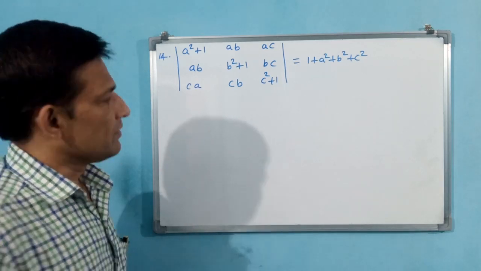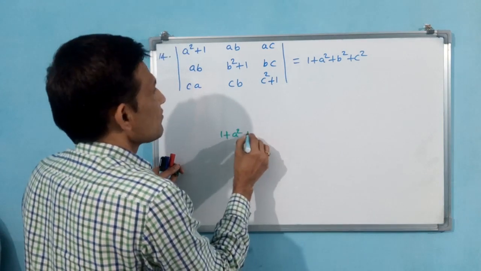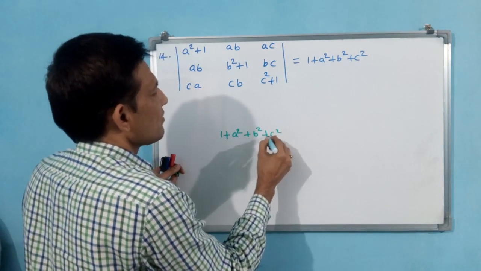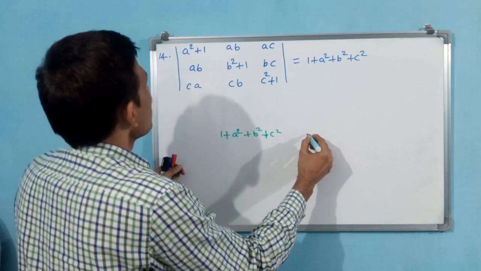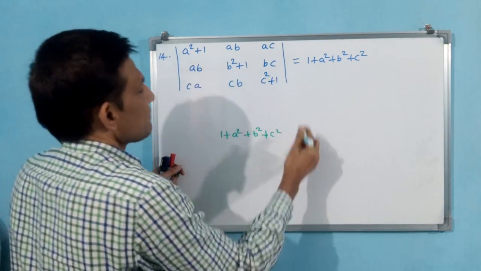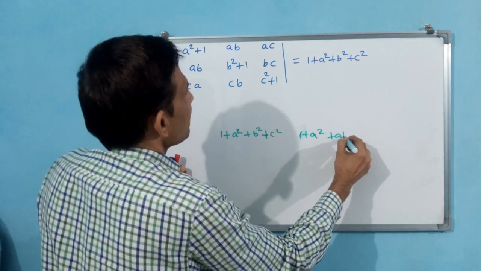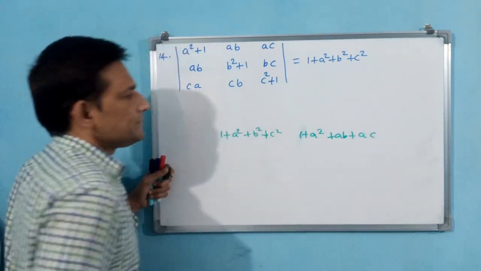What I am writing, you observe carefully. You want 1 plus a square plus b square plus c square. But here, let us see the first row: 1 plus a square, ab, ac.